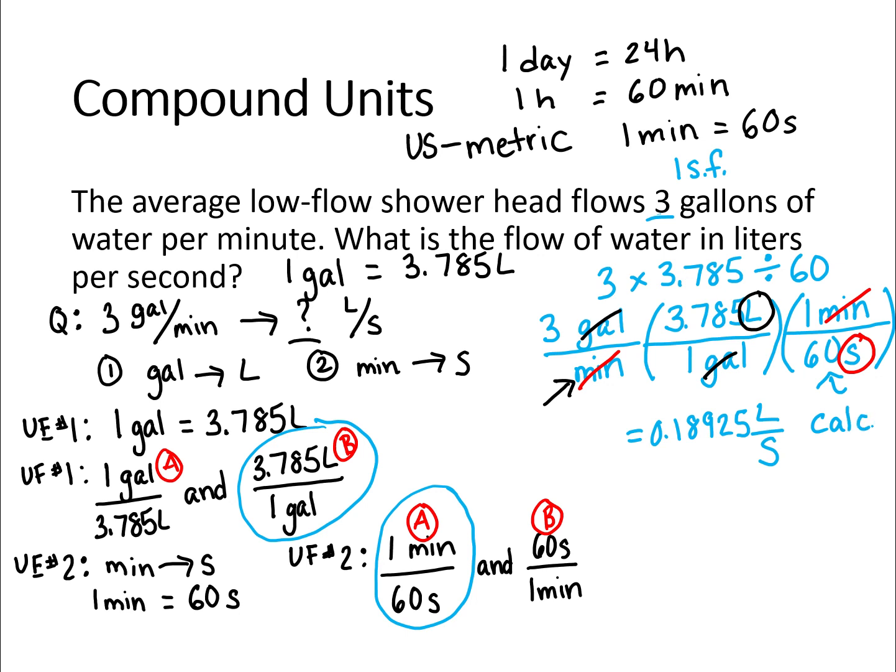So if our calculator answer is 0.18925, with sig figs, we're going to report that as 0.2 liters per second. So it's the same process, but the calculation is a little bit different.